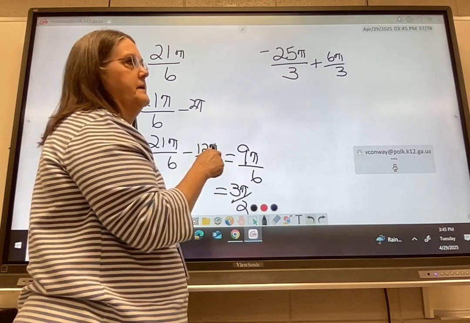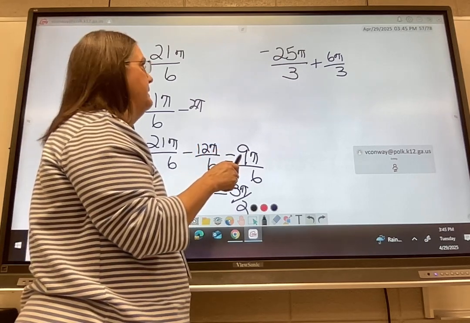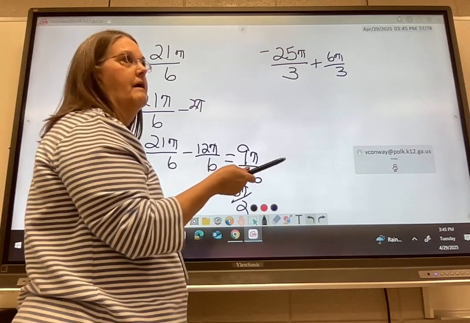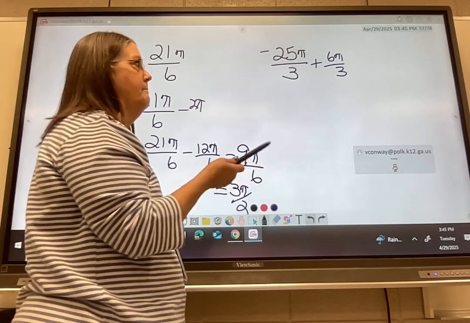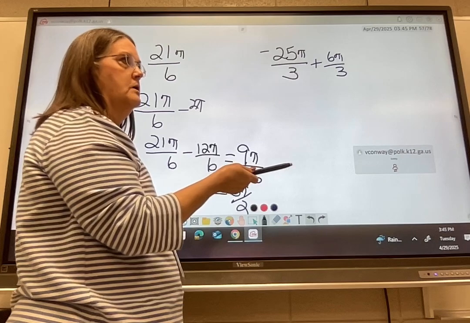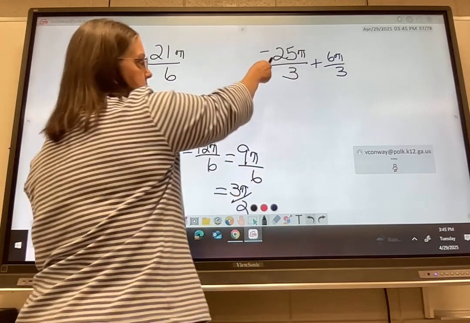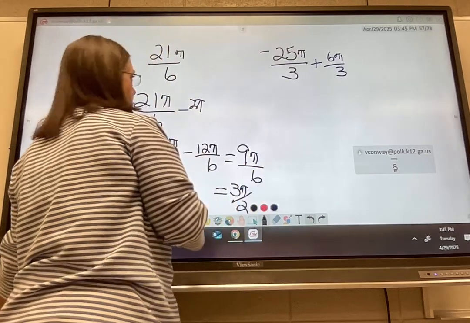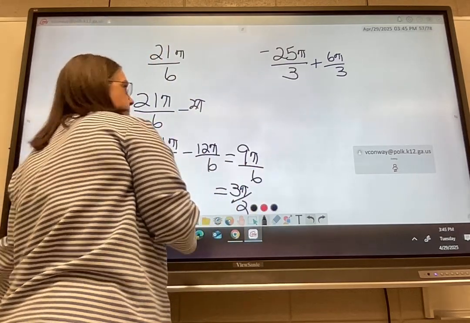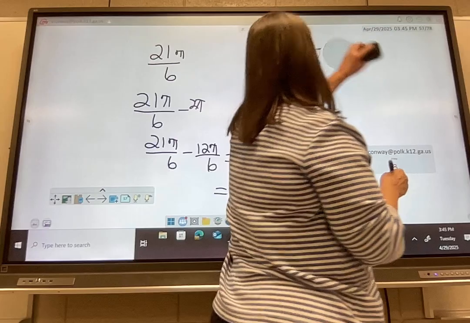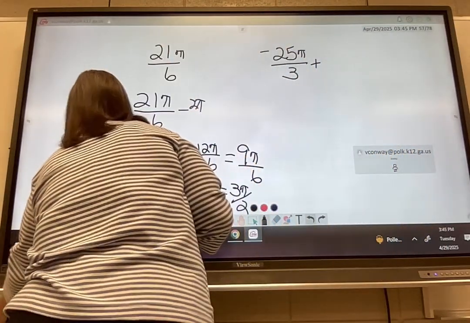Well, it goes 3 times, that's 18, but it goes 4 times, and that would be 24. That's still not big enough because I'm still negative, so go one more. So all you have to do then is just go plus 30 over 3.